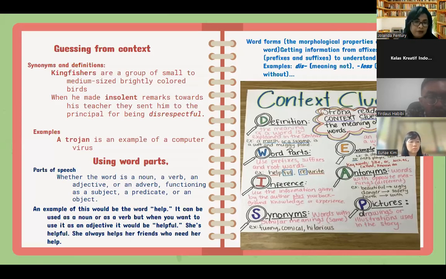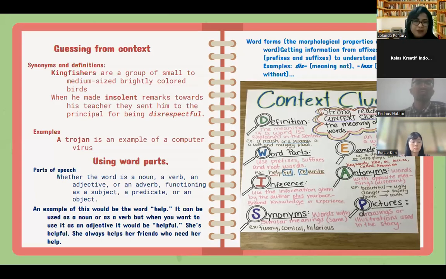That is from definition. And we can also use the similar meaning or synonym: he made insolent remarks towards his teacher. They sent him to the principal for being disrespectful. So insolent means disrespectful.